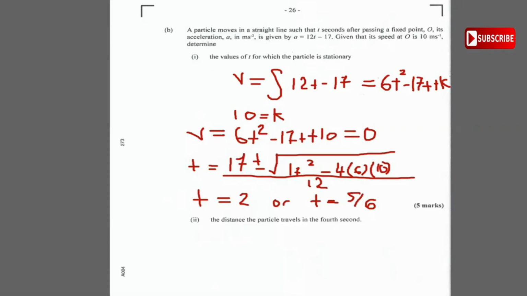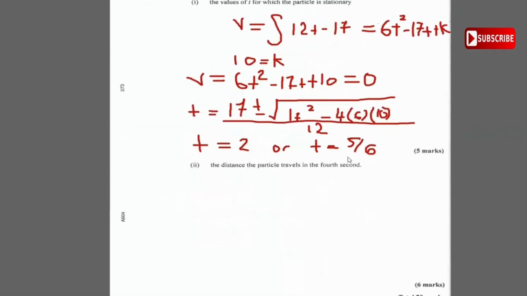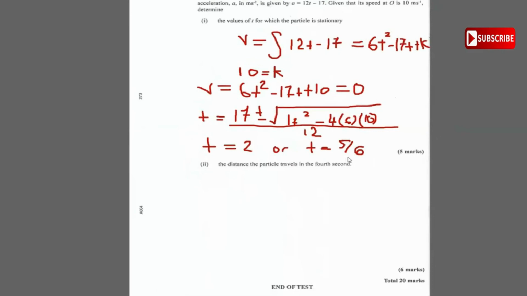It says now, find the distance the particle travels in the 4th second. The distance the particle will travel, let's call it s, is always the integral of velocity.